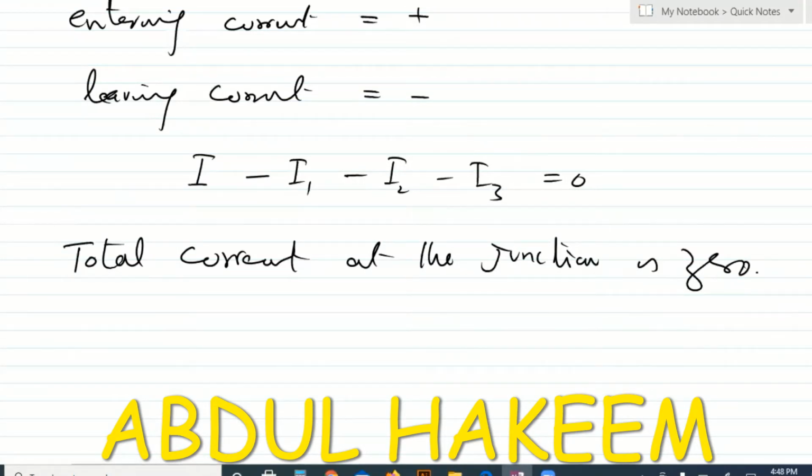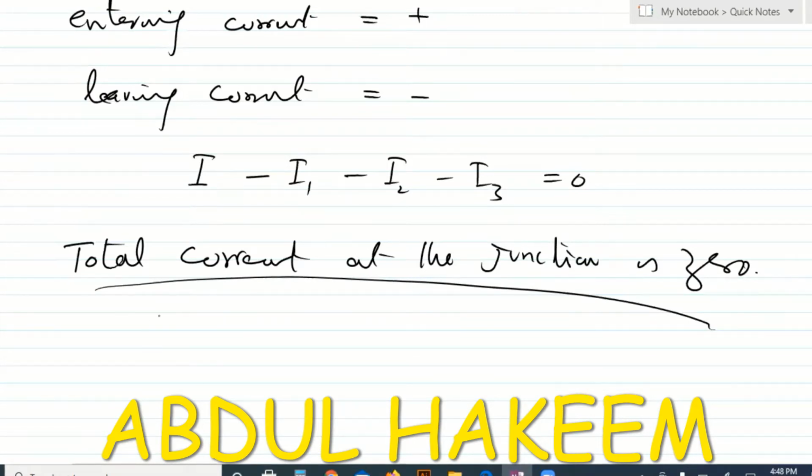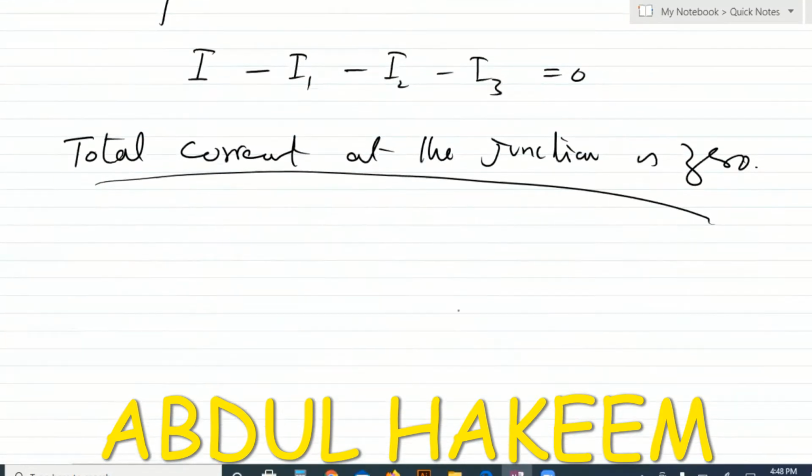So the current entering exactly equal to leaving. No current is staying back at the junction. So the total current at the junction is 0. So this is the Kirchhoff first law.